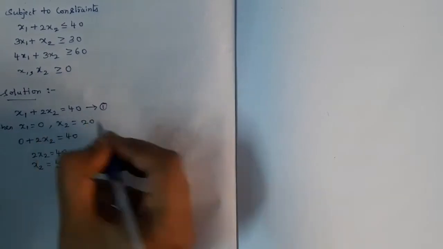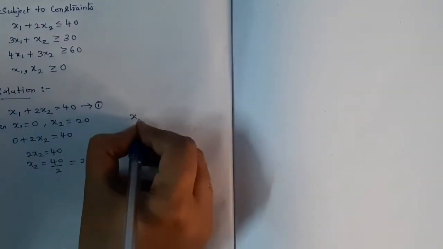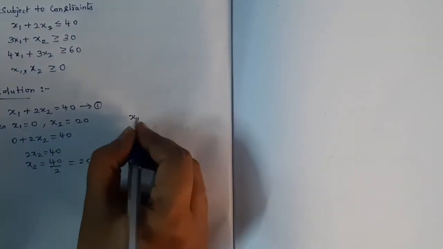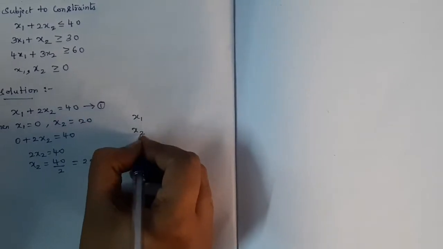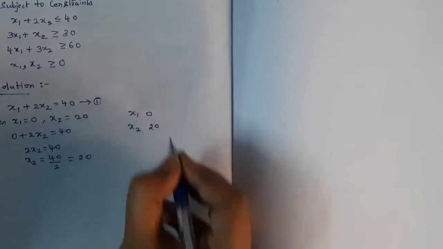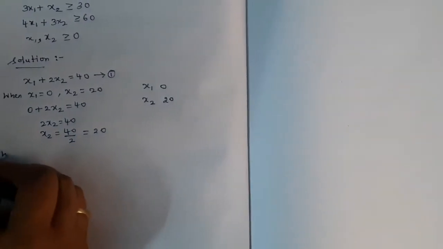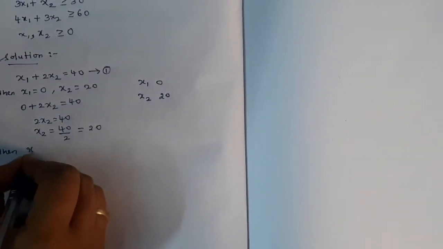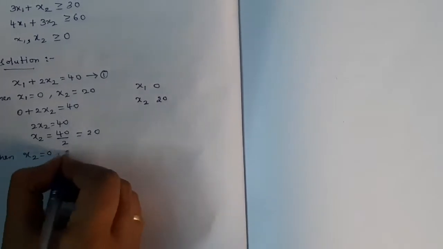So assign here x2 20 and take down the table x1, x2. We have two variables, that is x1, x2. So when x1 is 0, we got x2 20. Next, in the same equation, consider x2 0 and find x1 value.